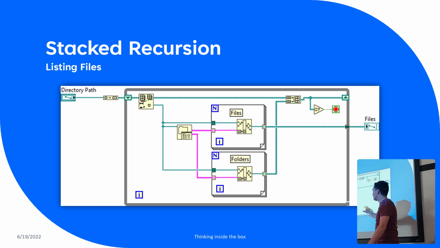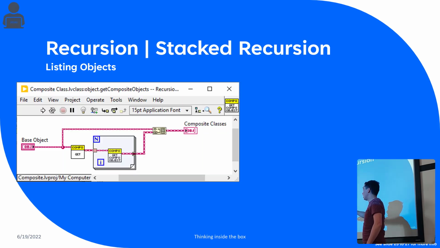Now, how many instances of this VI exist when it's running? 1, yeah. So that's stacked recursion. And the same is true for listing objects.